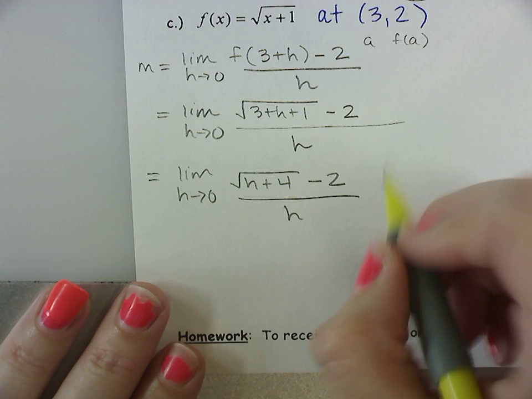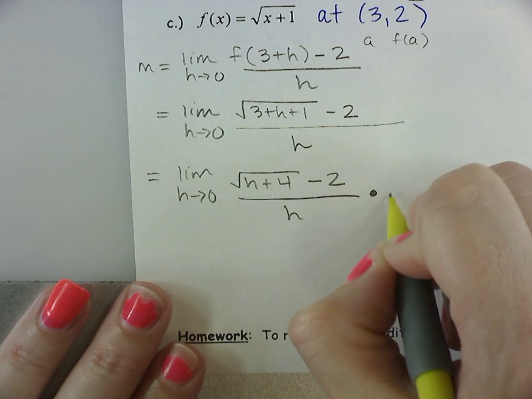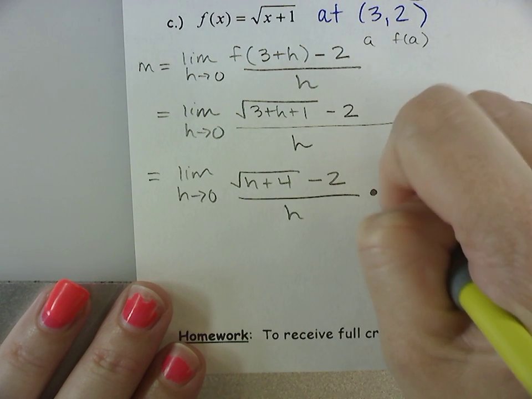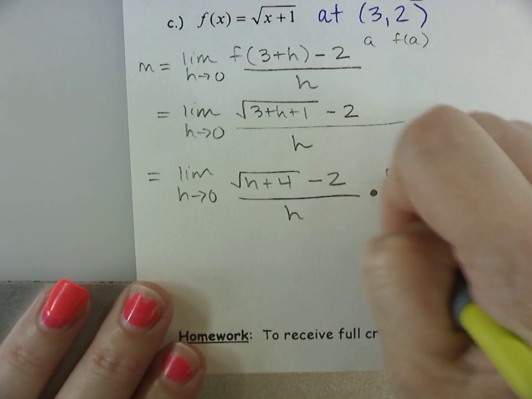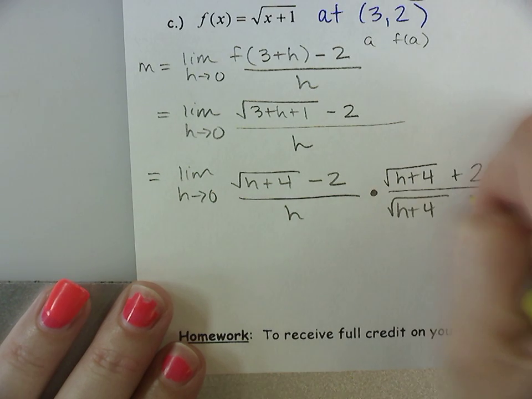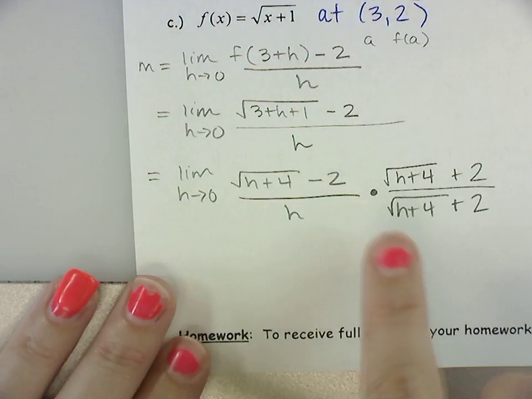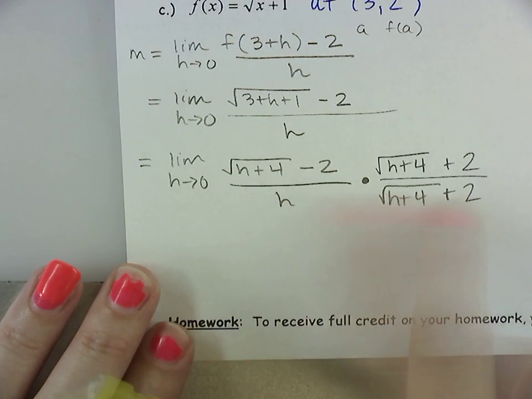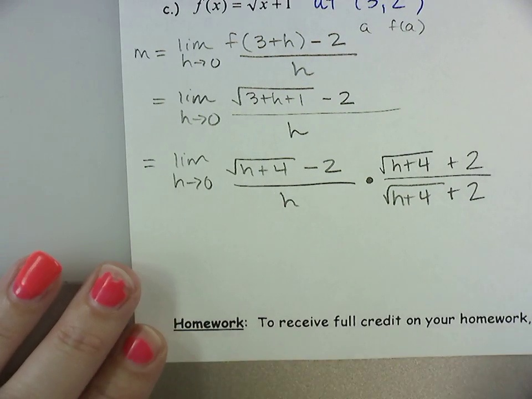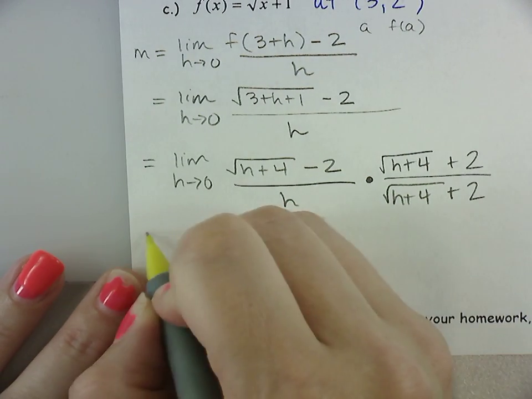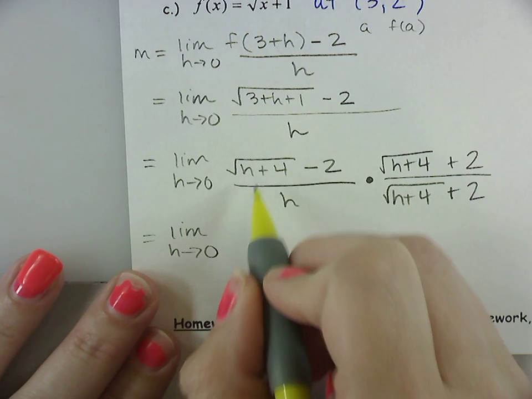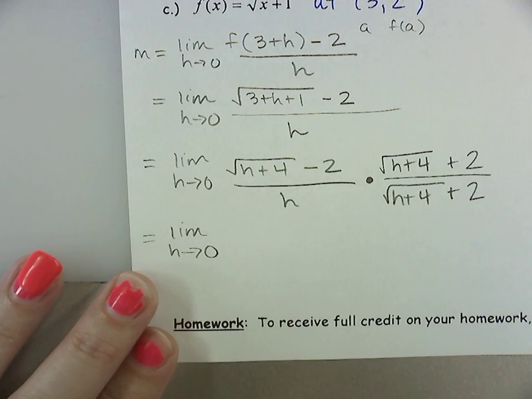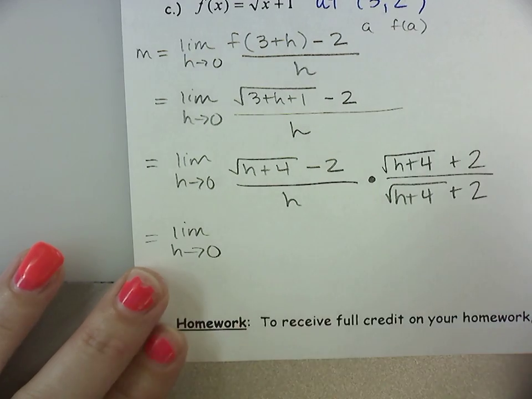So we did this yesterday. What did we do if we had a radical on the top? Multiply by the conjugate. Yes, good. So then we're going to rationalize. The part that I forget when I do things like this is that I forget to multiply the bottom, so we have to make sure that we're doing that. So this is the limit as h goes to 0.